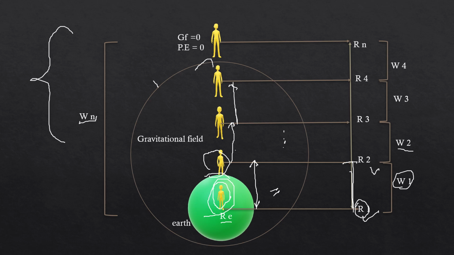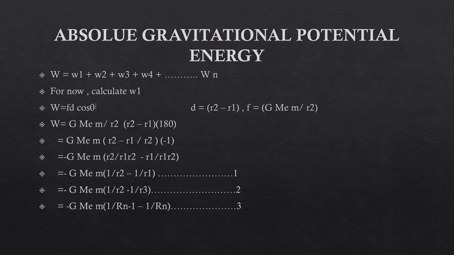This is the gravitational field and this is Earth. Now, how can we calculate that? The total work is equal to W1 from R1 to R2, W2 from R2 to R3, R3 to R4 and so on till Wn, or Rn.